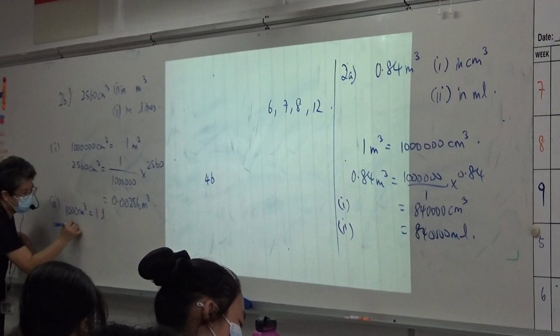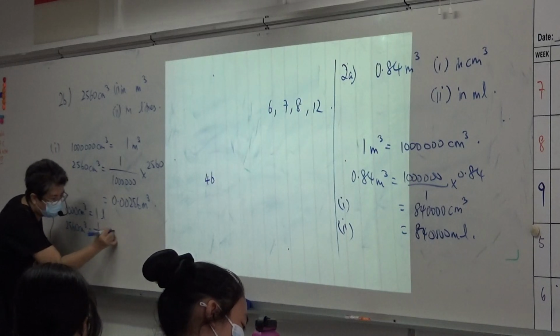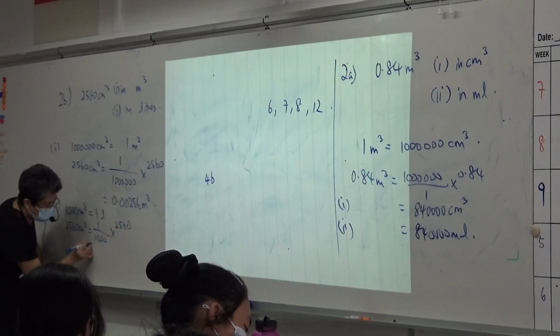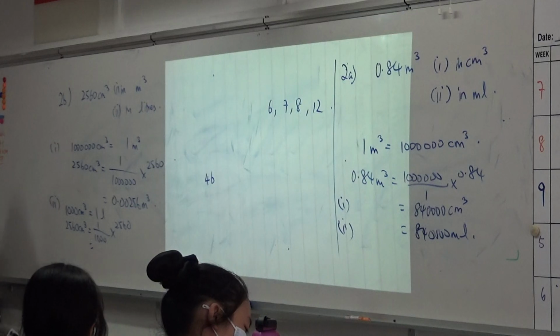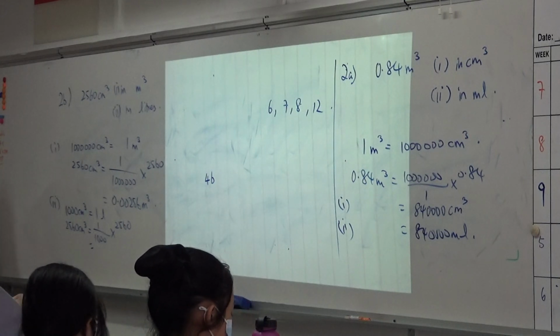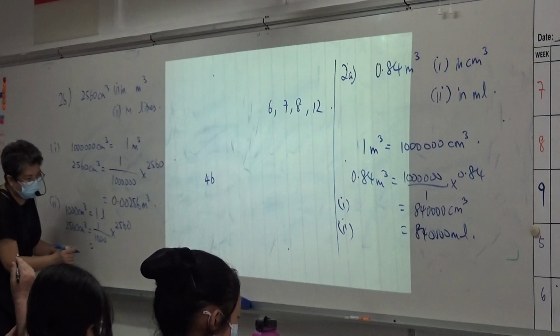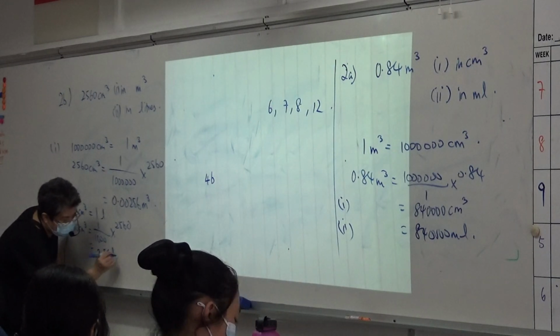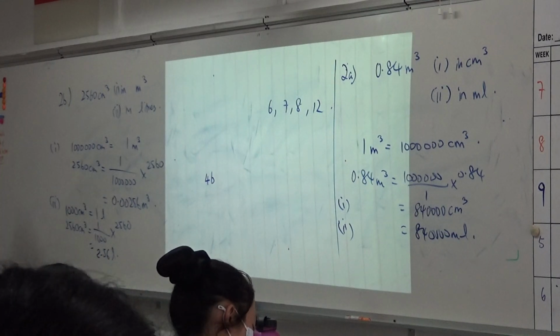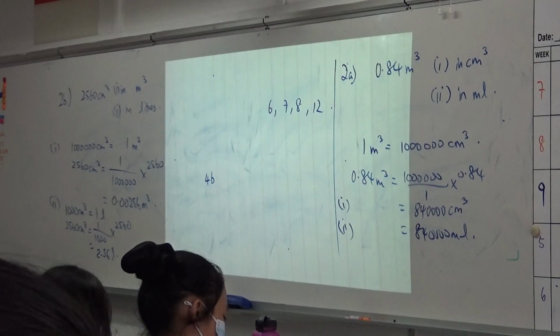So 2560 cm cube will be how many liters? 2.56 liters. Are we all clear?